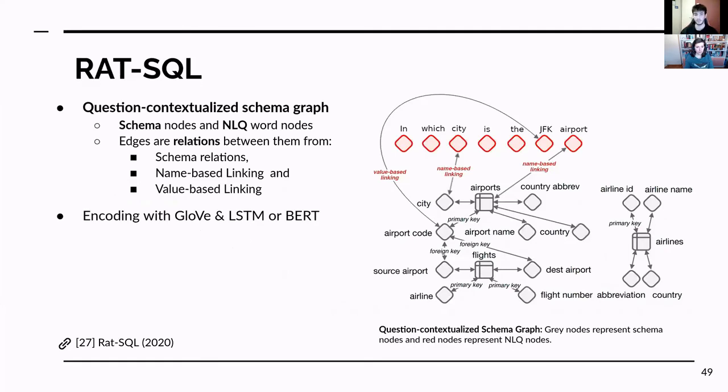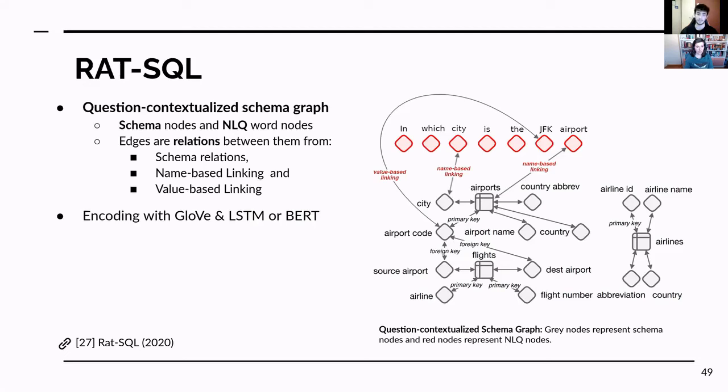Moving on, RAT-SQL is another grammar-based system. The way it works is that it encodes the input as a graph, and it creates, first of all, a schema graph that contains every table and every table column.